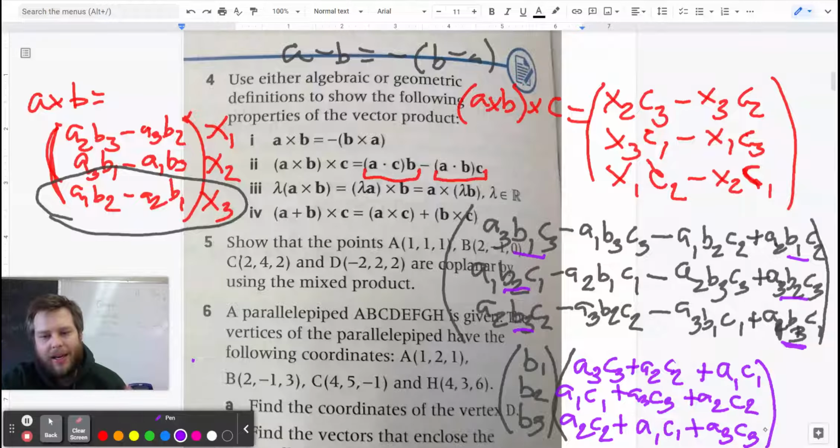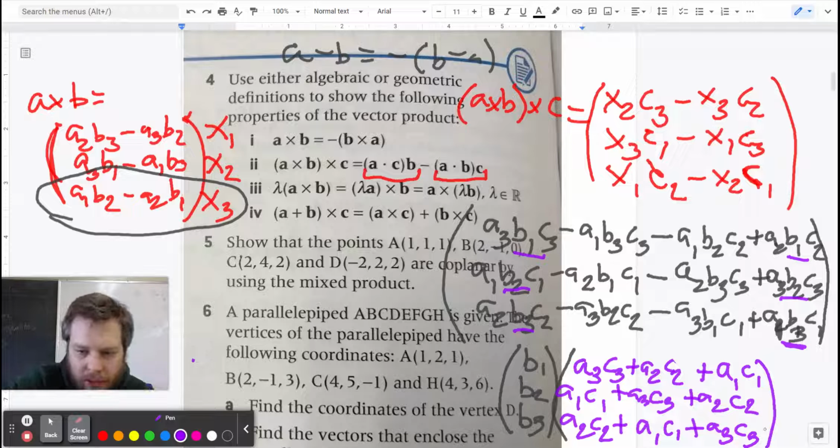But if you add in an extra term, you also need to subtract that term as well. And so I'm subtracting at the same time A1C1B1, and I'm subtracting A2C2B2, and subtracting A3C3B3 to keep things all aligned there. And so let's see if that works.